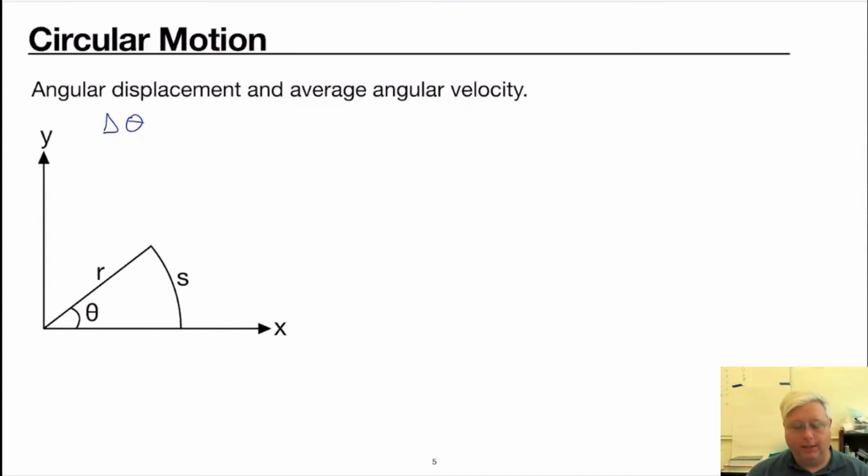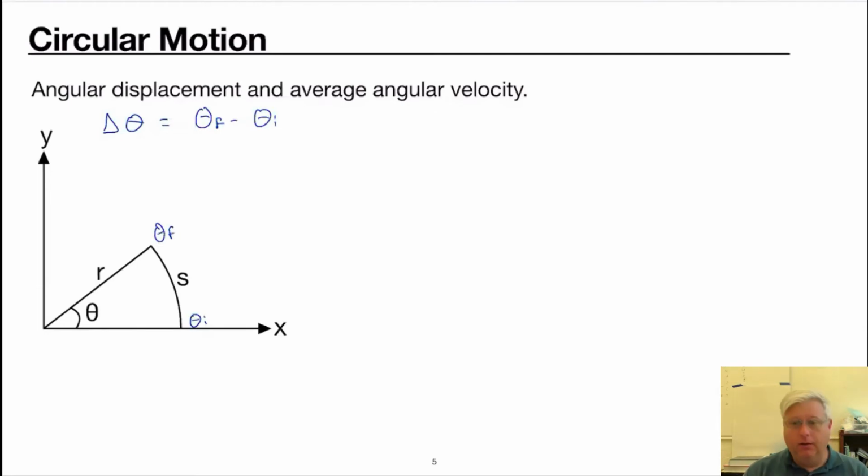Before we had delta x, it would be theta final minus theta initial. So maybe on this little piece here, theta initial might be right there on the positive x-axis, and maybe this is theta final there. Okay, and so we'll go through an angular displacement of delta theta.